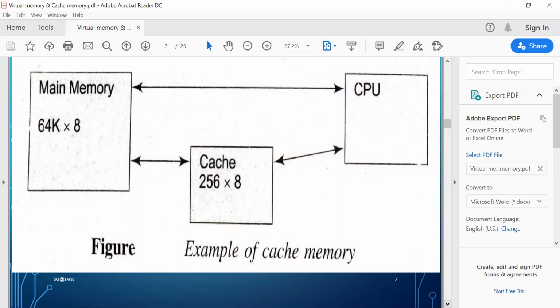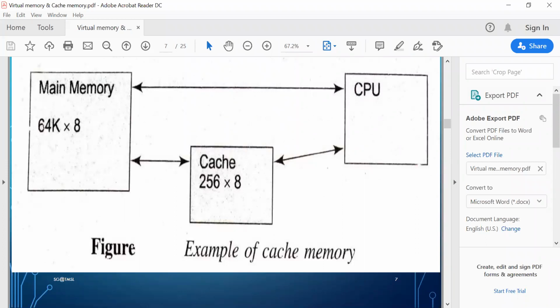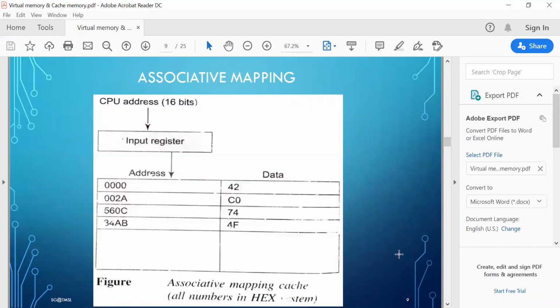Then there are three types of cache mapping techniques available. These are associative mapping cache memory, direct mapping cache memory, and set associative mapping cache memory. Now what is the function of associative mapping cache memory? So here is your diagram.